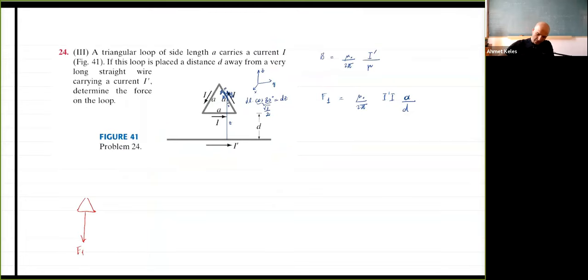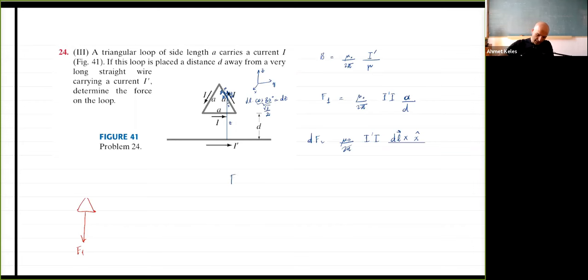So I want to write F2 is, mu 0 over 2 pi I, maybe a little piece contribution dF2, I prime I times dl cross, now the direction of B is what? dl cross B is out of page.